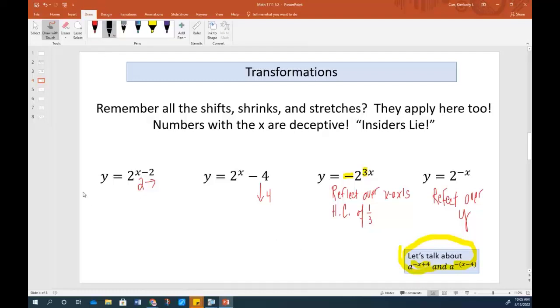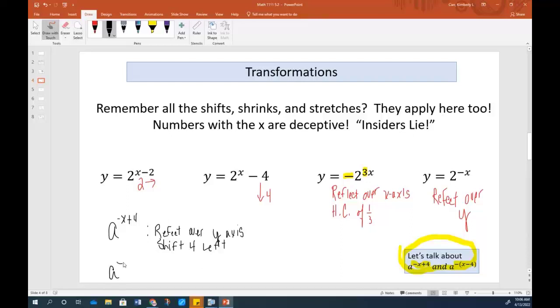So let me just write this out here bigger. If we did a to the negative x plus 4, this one would indicate that we needed to do a reflection over the y-axis and then shift 4 units to the left.